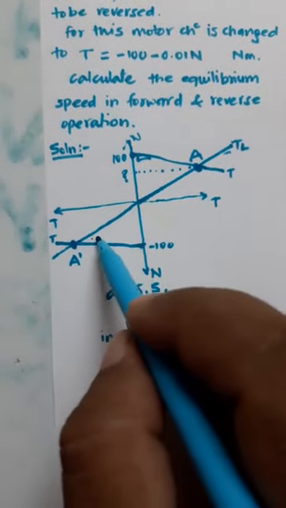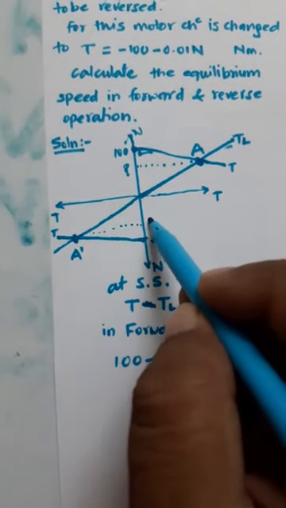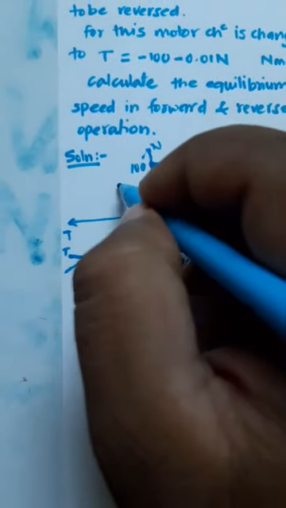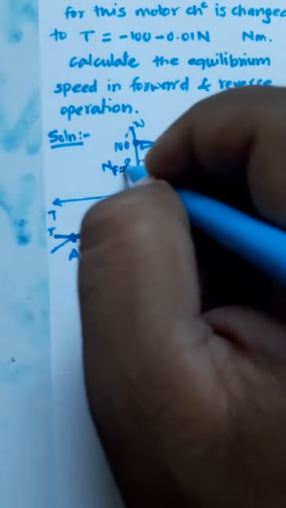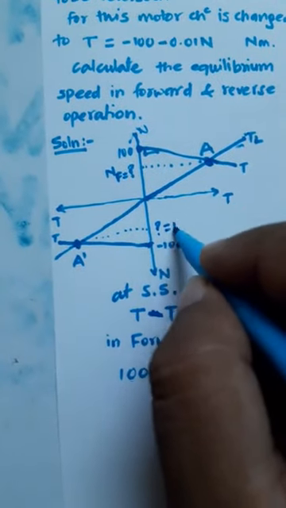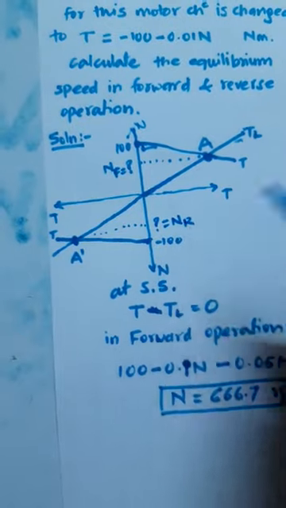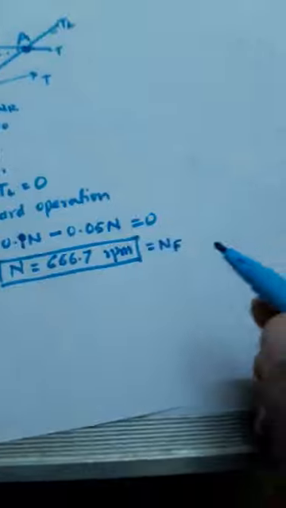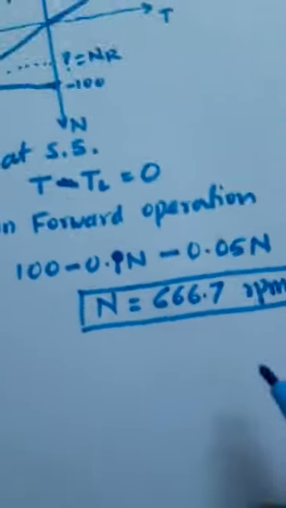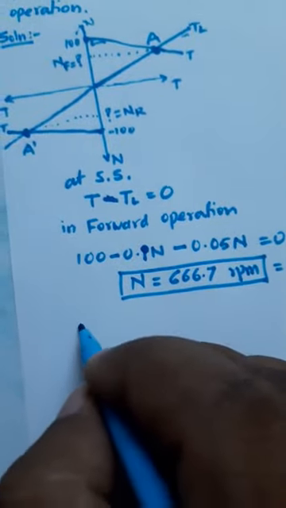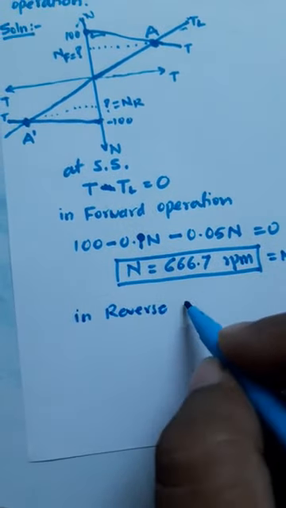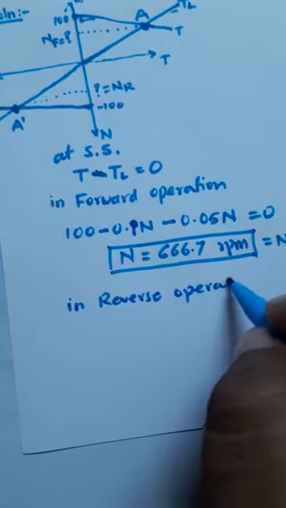Now we have to calculate speed at this point. So let's say this is NF and this is NR. So this is nothing but NF, speed in forward direction. Now the another situation in reverse operation.